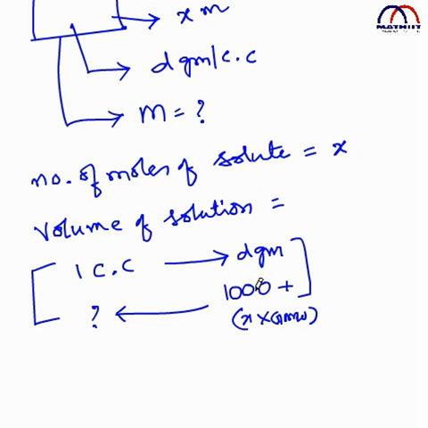This is the weight of the solvent and this is the weight of the solute, X into number of moles into its gram molecular weight. This is giving you 1000 plus X into gram molecular weight by D. This is giving you total volume of the solution. In what units? In milliliters. Okay, I'll write here milliliters also.